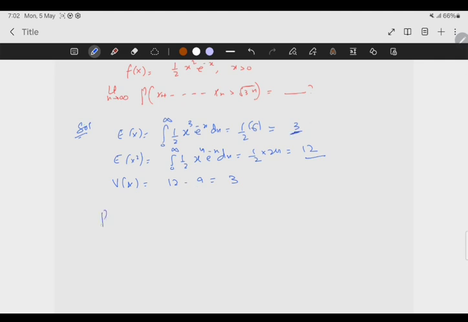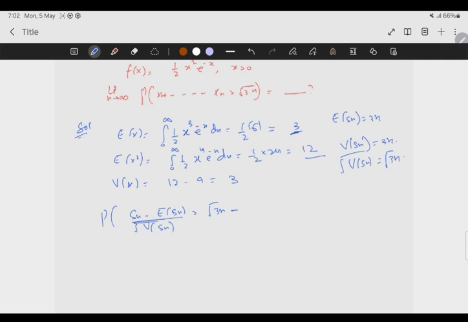Now what is the probability that (Sn minus expectation of Sn) divided by under root of variance of Sn is greater than (under root 3n minus expectation of Sn) divided by the same? Expectation of Sn is 3n. What's variance of Sn? That is 3n. What's under root of variance of Sn? That's under root of 3n.